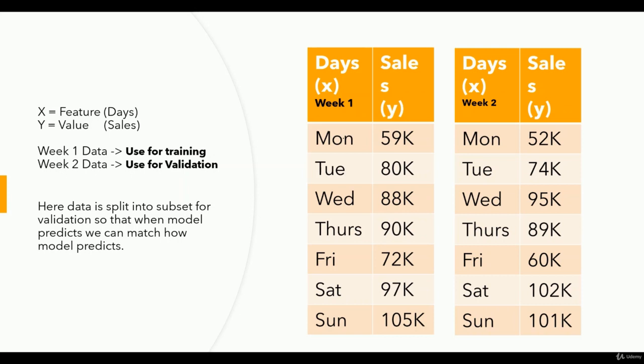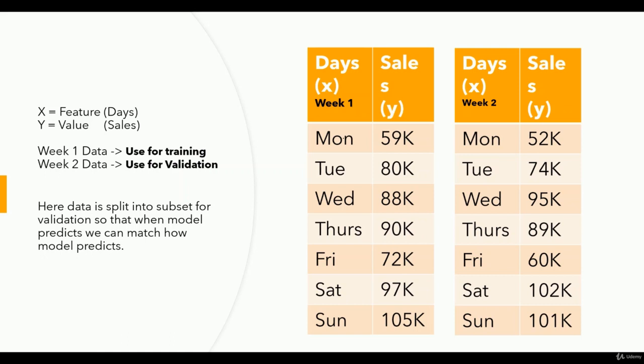Or you can say X is a parameter, a normal parameter, and we have different values for each and every feature, or parameter. As the day changes, the value changes, because every day it's a different sale. These two data we have so that we can predict the value for week 3.